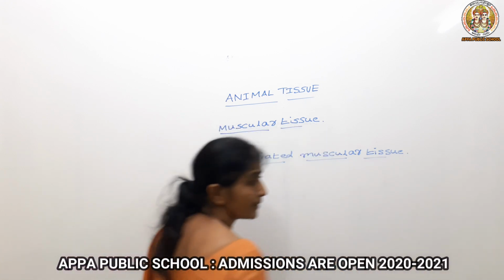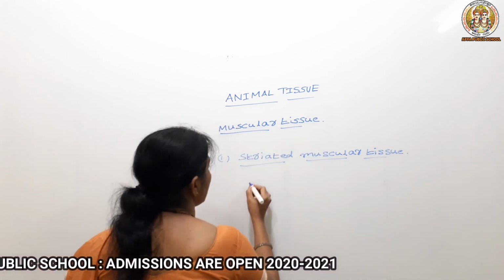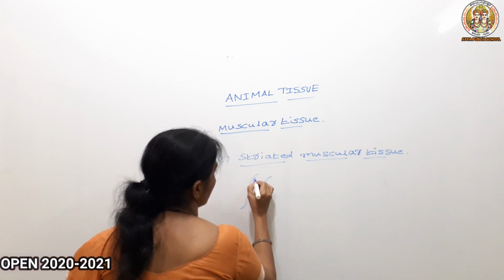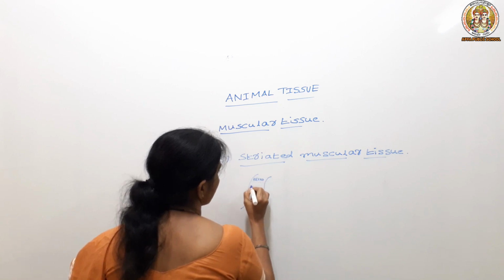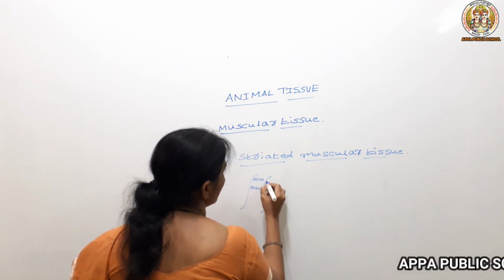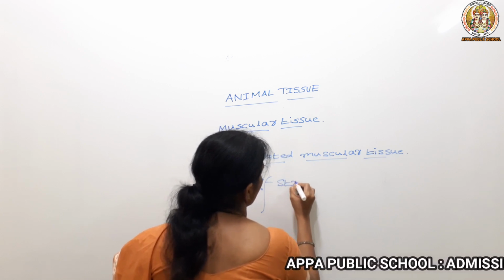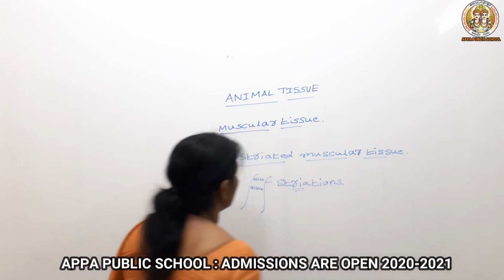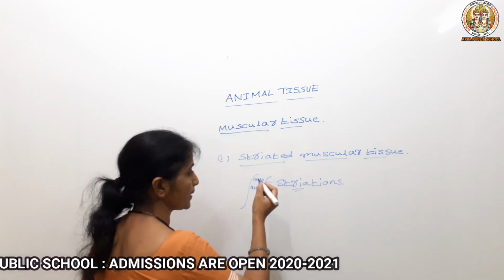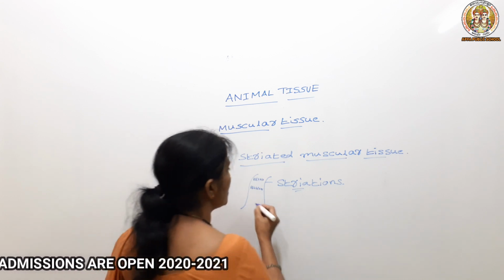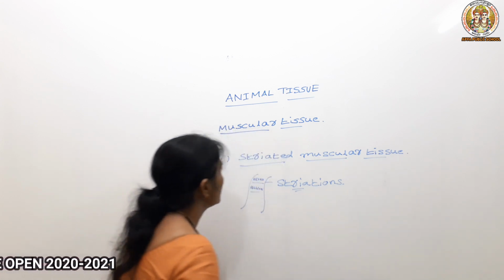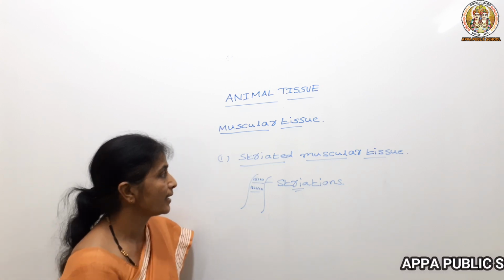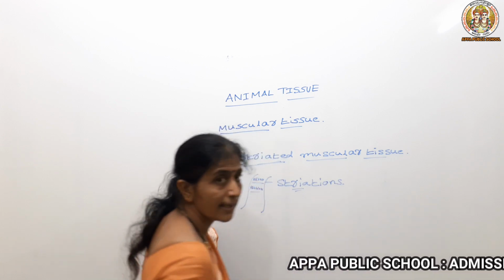In striated muscular tissue you can see the light and dark colored bands. These bands are nothing but the striations. It is known as striated, striped or voluntary muscle. Why the name voluntary? These muscles can move according to our will. That's why they are known as voluntary muscles.